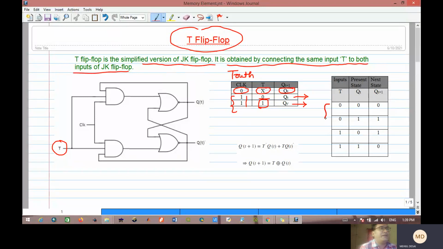Now here also we have the present input T and present state Qt. So four possibilities: 00, 01, 10, and 11. If the input is 0, we get Qt, so 0 and 1 stay 0 and 1. When the input is 1, we get the toggled output: here 0, so the output is 1, and here 1, so the output is 0.